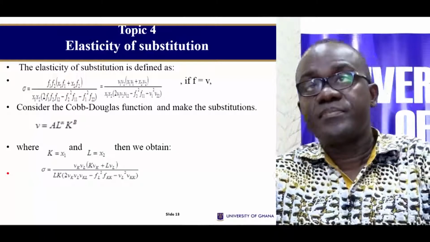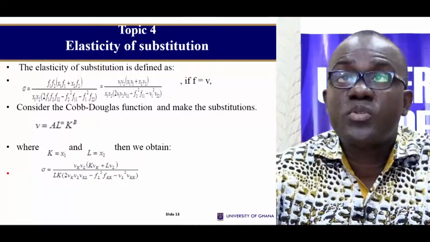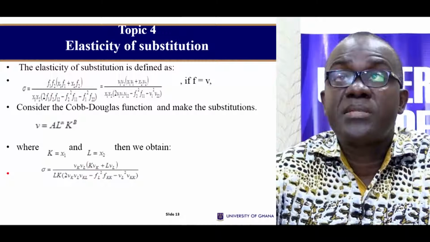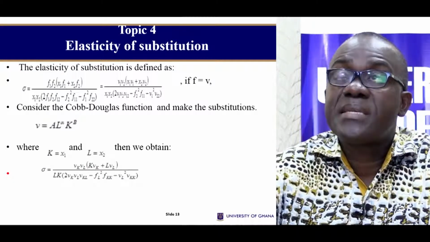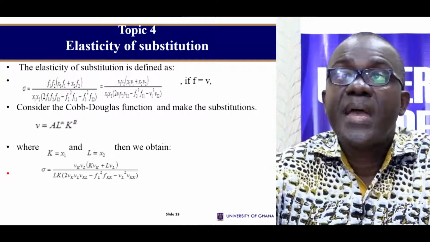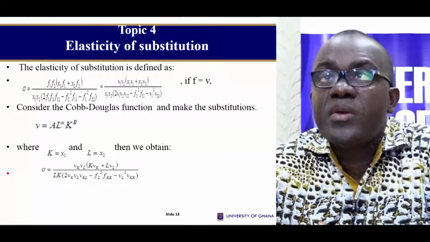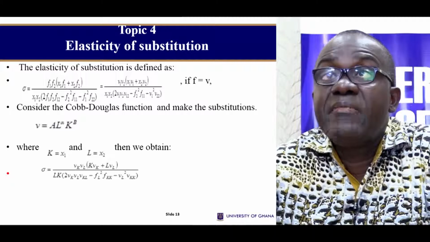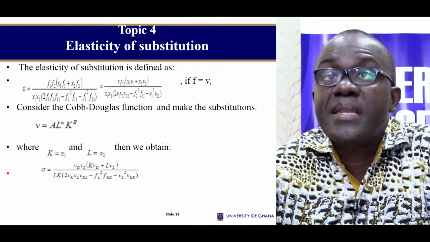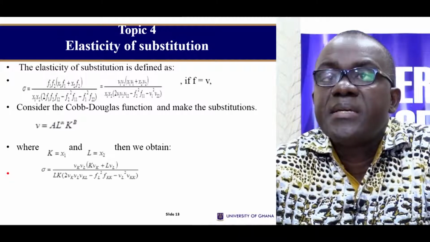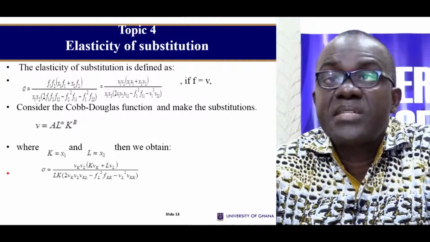Now, the elasticity of substitution, which we talked about. This is the formula for elasticity of substitution, which we discussed last week, right? And in that equation, we had F1, F2, but here we are changing to V1, VL, VK, just for comfort. So this is our function. If we change the K to X1 and then the X2 to L, we have this function.